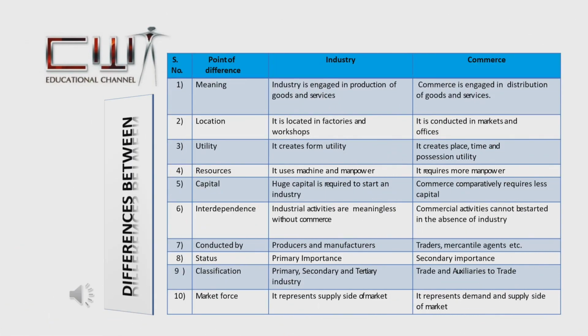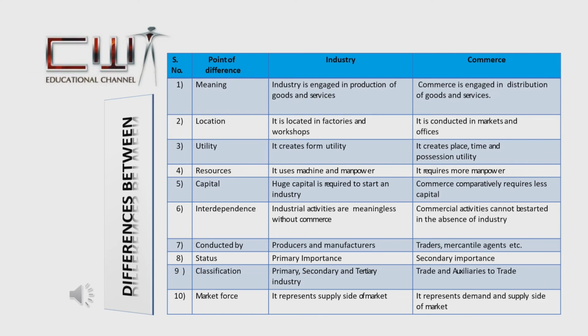Now let us understand the differences between industry and commerce. Industry means what is engaged in the production of goods and services. Commerce is engaged in the distribution of goods and services. Industry is located in factories and workshops.